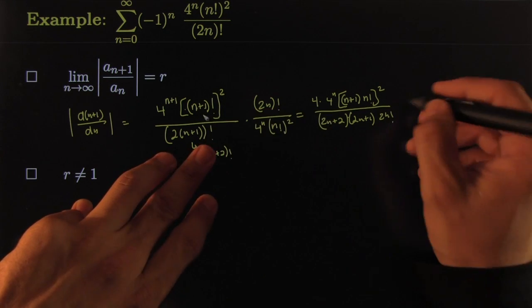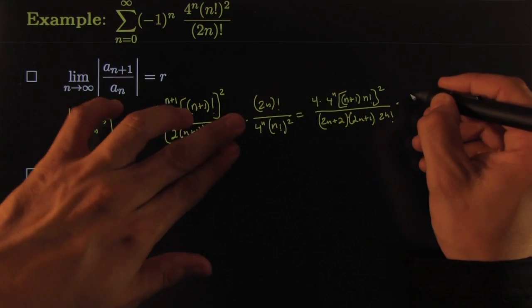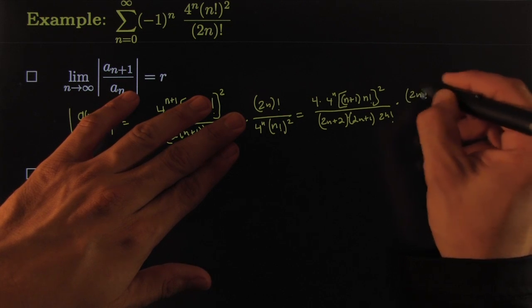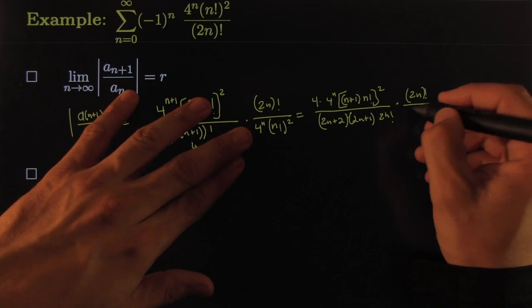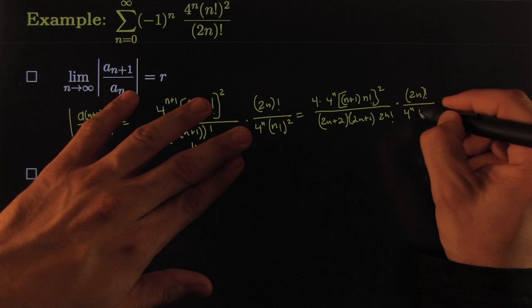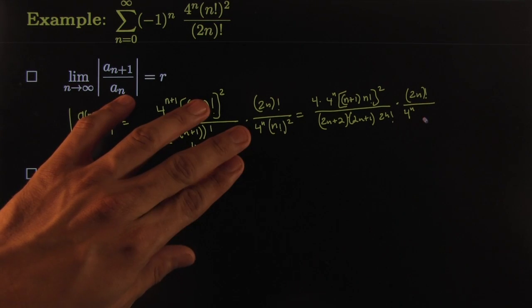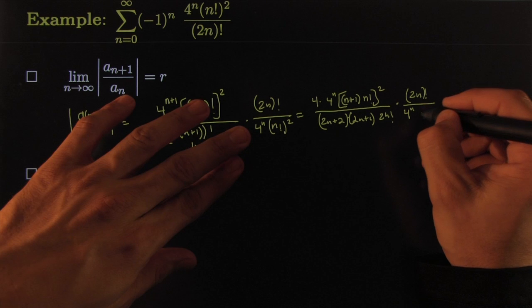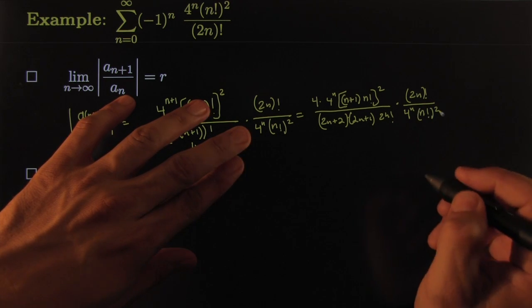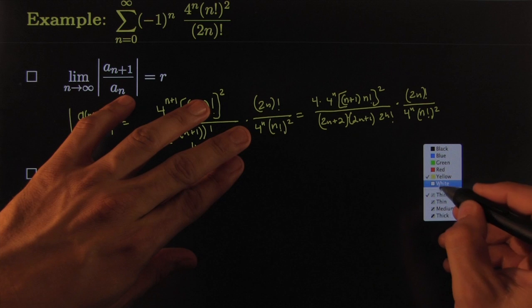And that's that piece right there. Now for the other part, I'm looking at 2n factorial over 4 to the n times (n factorial) squared. Whoa, man, I seriously have to figure out the back button on this.